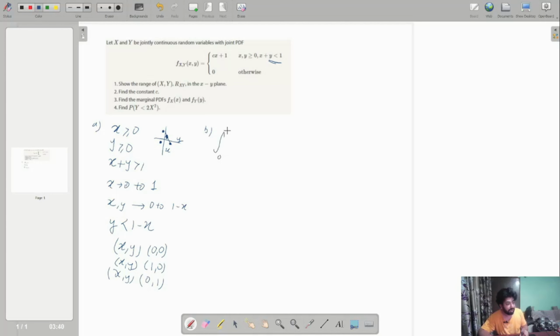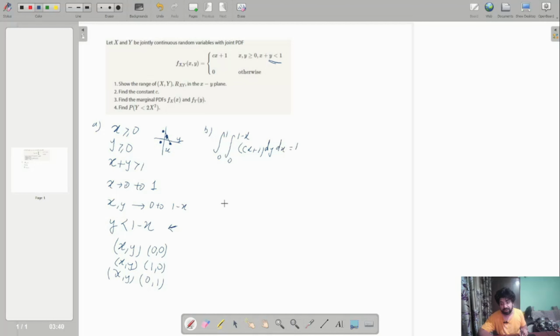The range of x will be 0 to 1, and the range of y will be 0 to 1 minus x. We just calculated this, so I am using it. The function given to us is cx plus 1, with dy dx, and this equals 1.